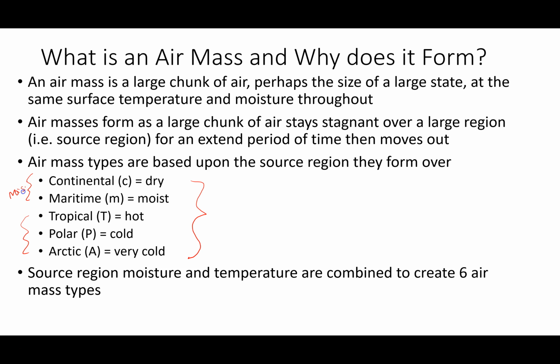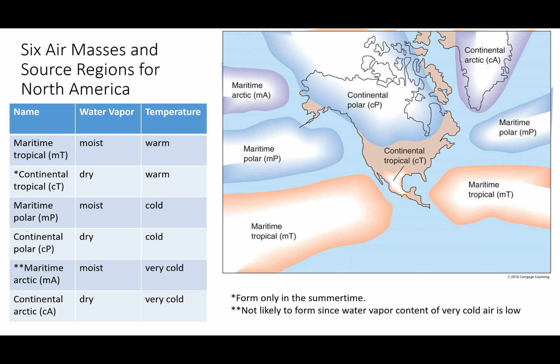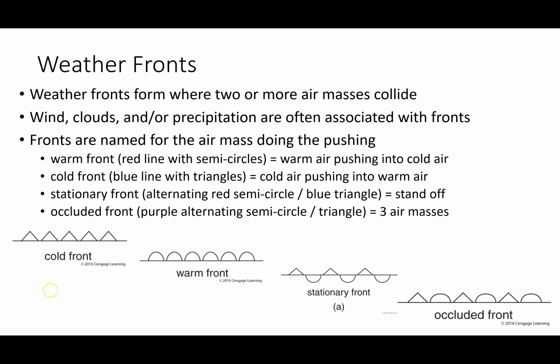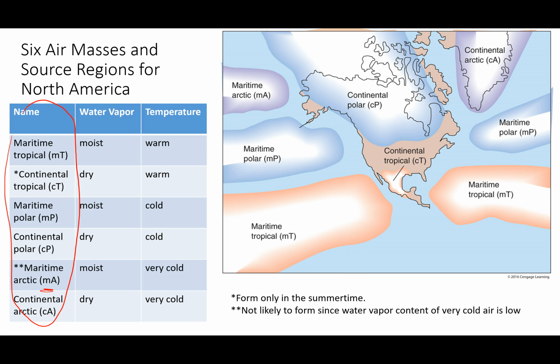So this is moisture, and this is capital T for temperature, or temp. Okay, and we kind of mix and match those and get these. I ended up with 6. Okay, actually, maritime Arctic is not very probable. But so know those different types of air masses. So these are the air masses, and these are what we call the source regions.